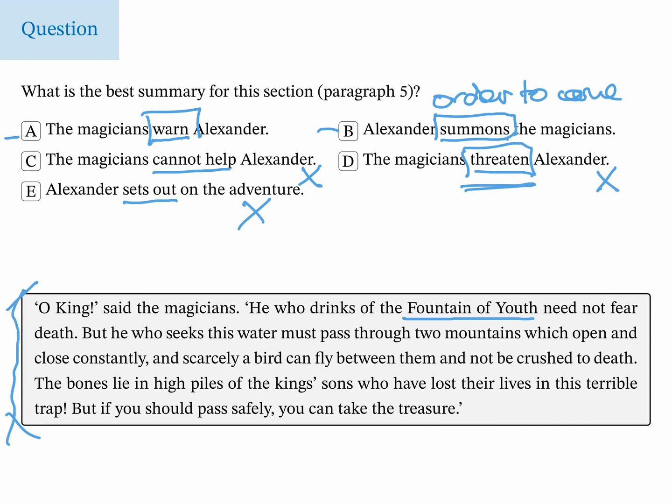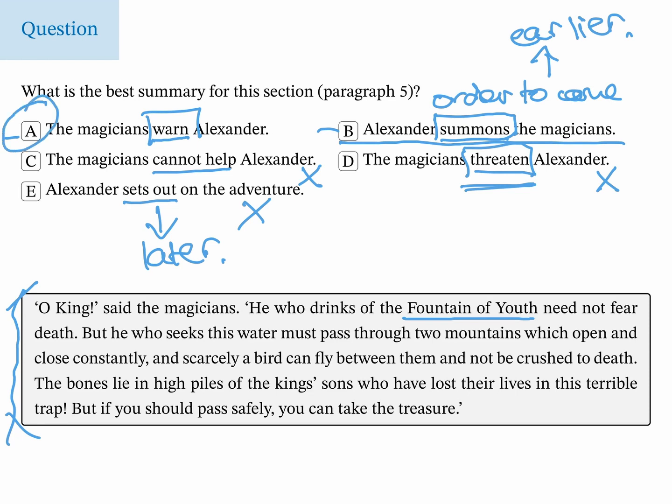So this has happened, in fact, earlier in the story. This one, E, actually happens later. He calls them to come, and then they have this conversation. Okay, so the best option to summarize this paragraph is A. The magicians warn Alexander.